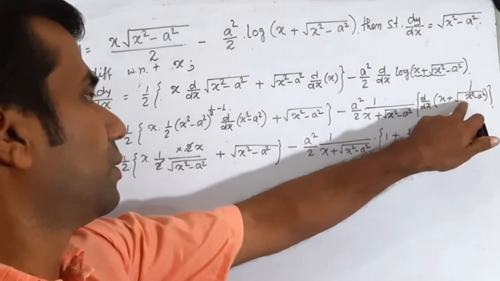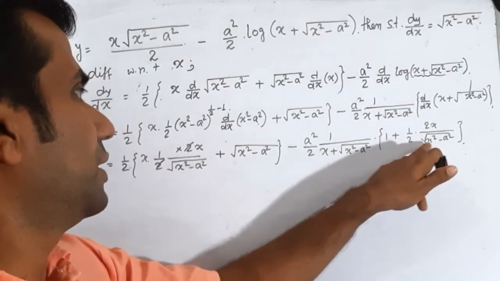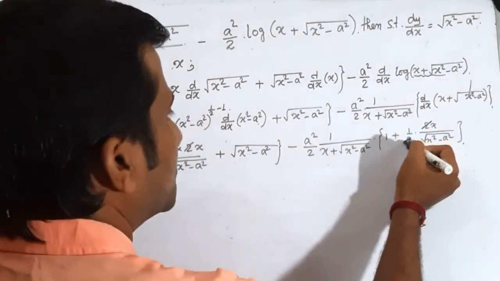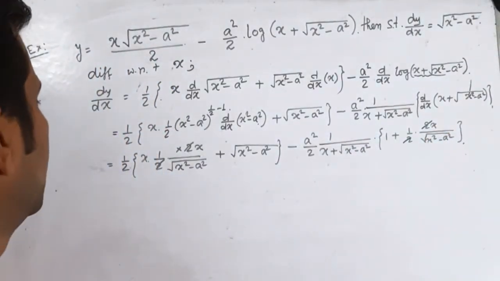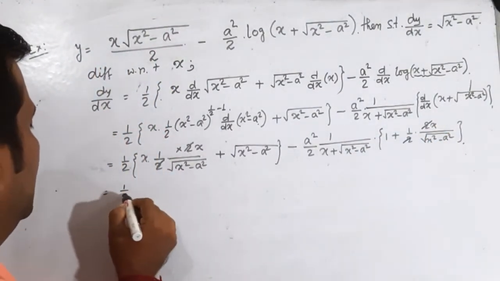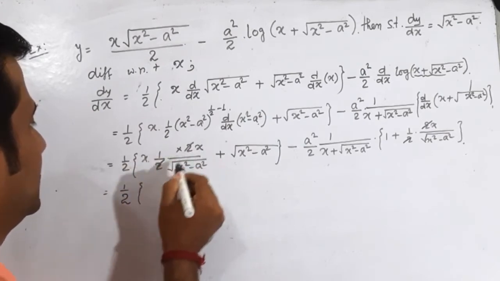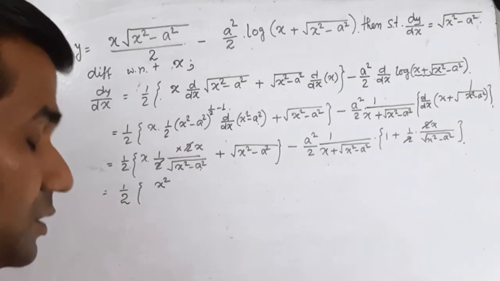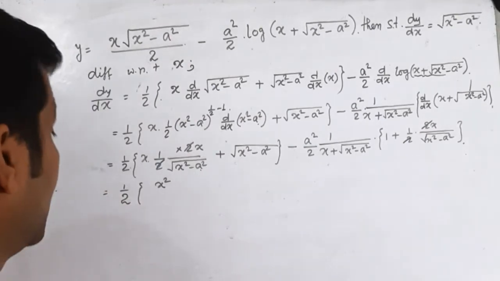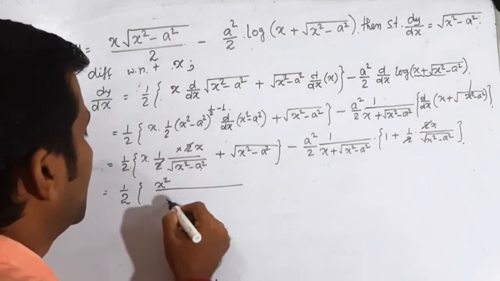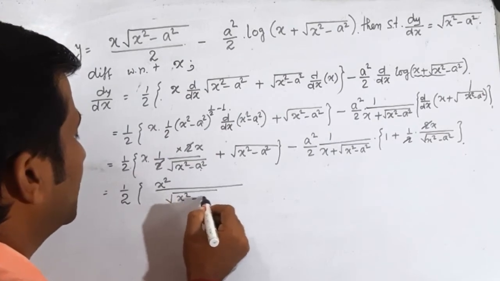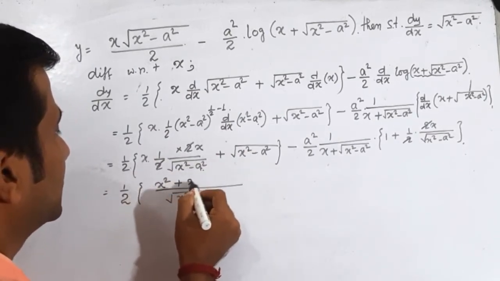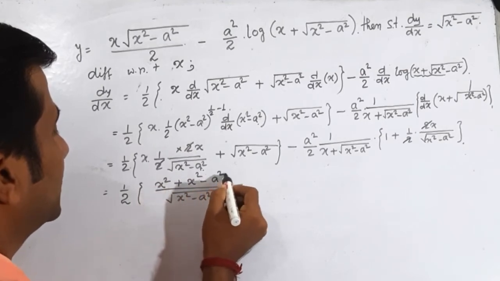Differentiation of root(x² - a²) means 2x by 2 root(x² - a²). We cancel 2, then what we get from here? Half, this is x into x², and taking LCM, the LCM is root(x² - a²), and this into this means plus x² - a².